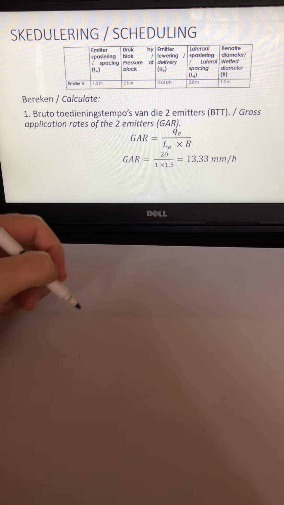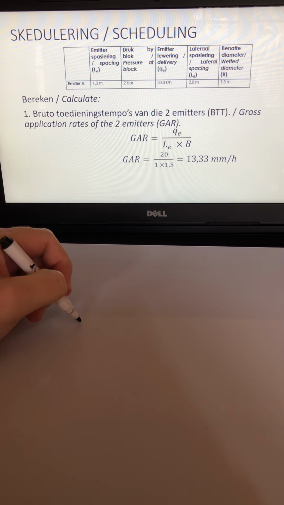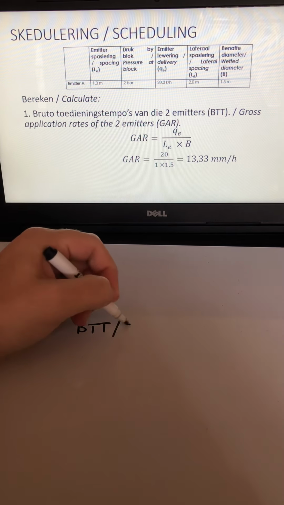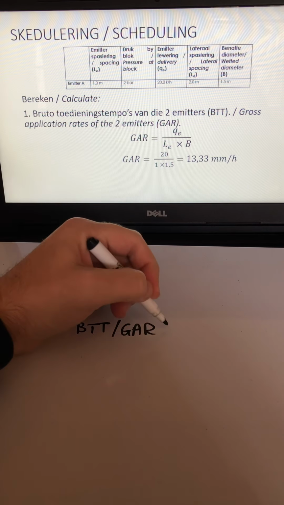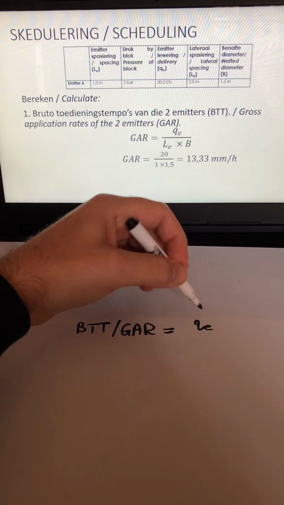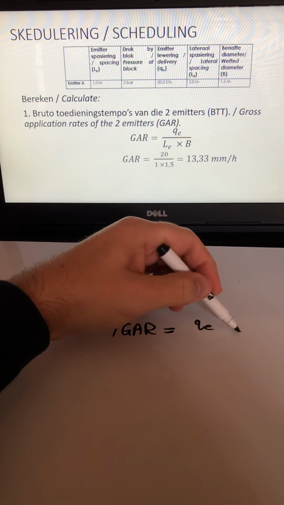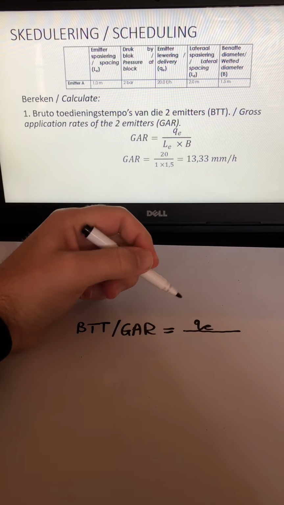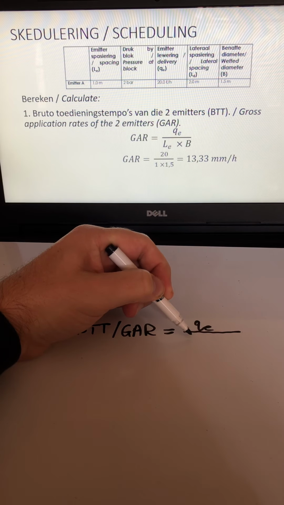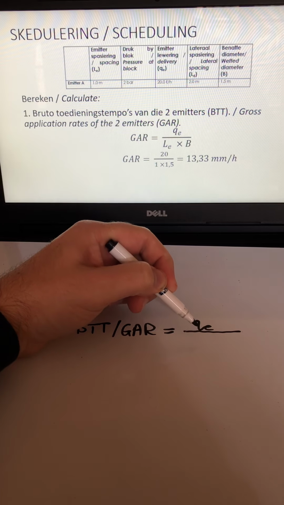And so the equation is gross application rate, or in Afrikaans you'd write bruto toedieningstempo, equals the emitter deliverance, so the rate at which water is going out of the emitter, divided by the spacing of your emitters on your line, and then multiplied by the diameter.